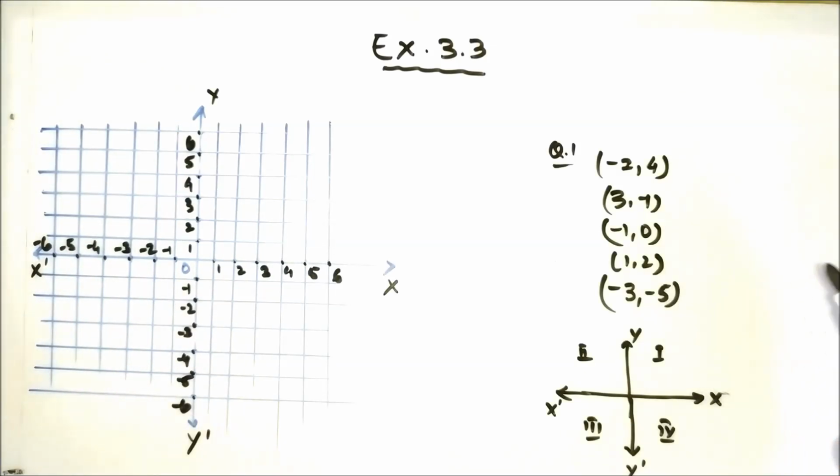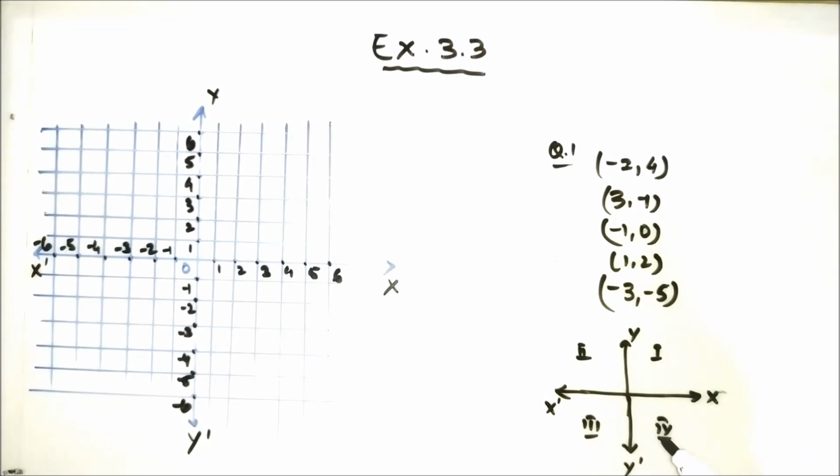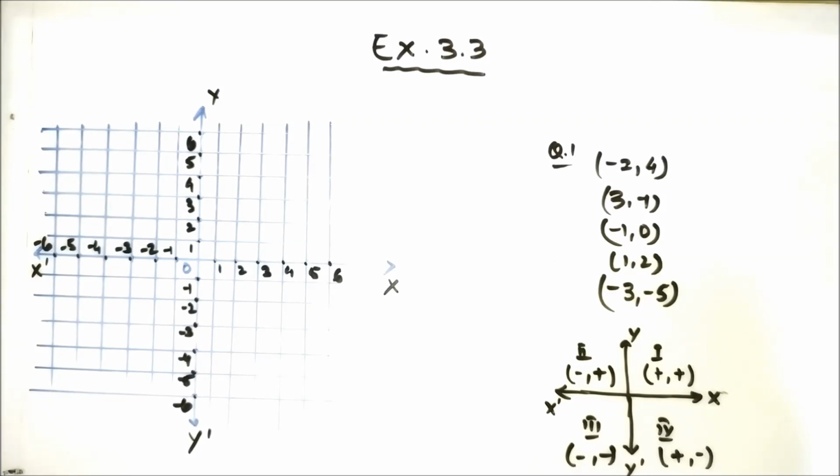Now to verify in which quadrant they lie, I have drawn here just a rough diagram. So this is the X axis, this is the Y axis. Now these 2 axes divide the Cartesian plane into 4 quadrants. Okay. So any coordinates of plus plus form lie in the first quadrant. For the second it is minus plus form, for the third it is minus minus, and for the fourth it is plus minus form. Okay.